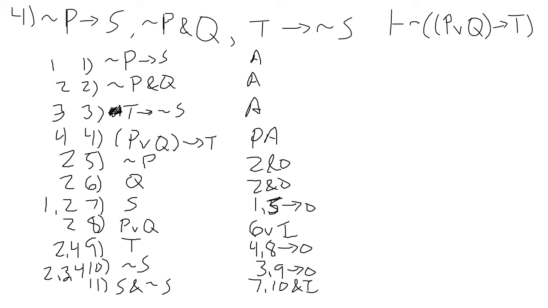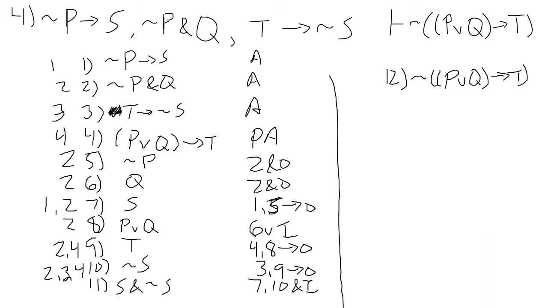And in. And then now we've got a contradiction. Depends upon our PA, so we can tilde in on our PA. And that's going to be from 4 and 11.